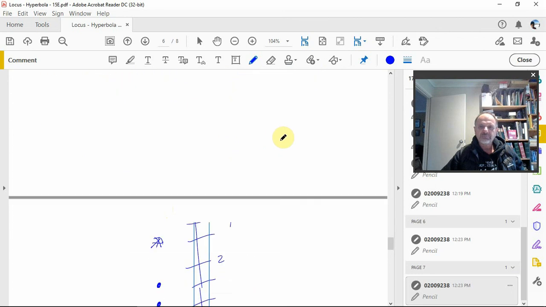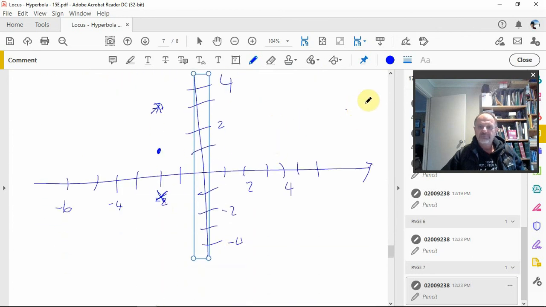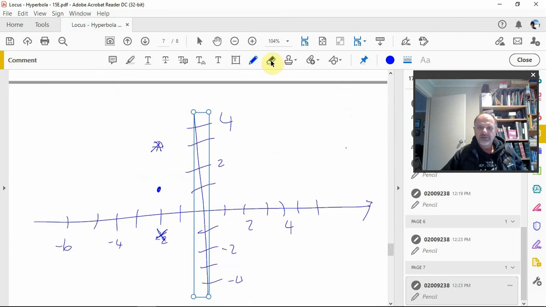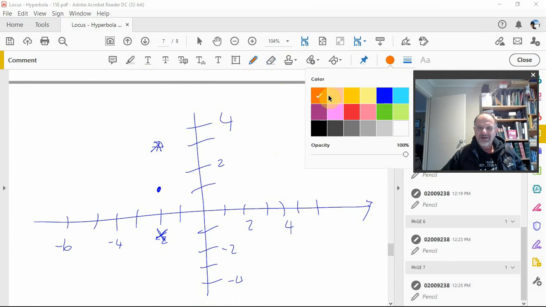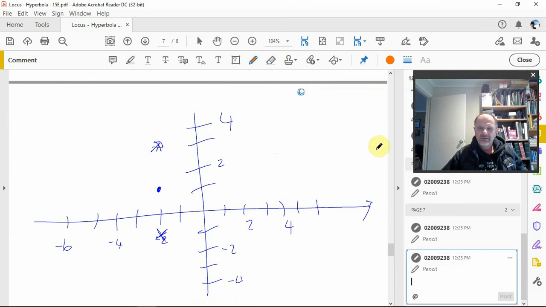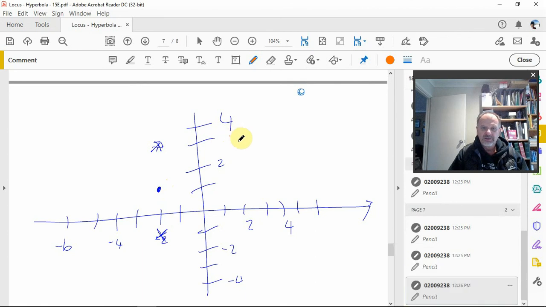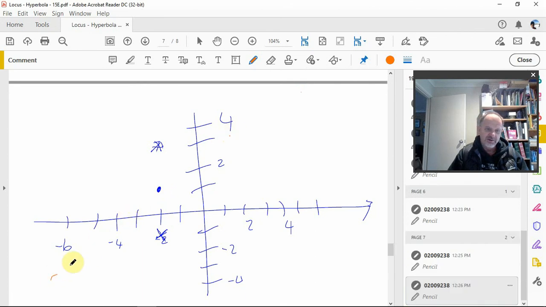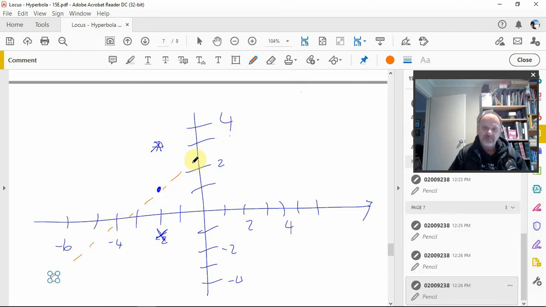So if we were to then say, okay, 2/3 is my gradient, so a rise of 1, 2 and a run of 1, 2, 3, then this one goes through there like so.